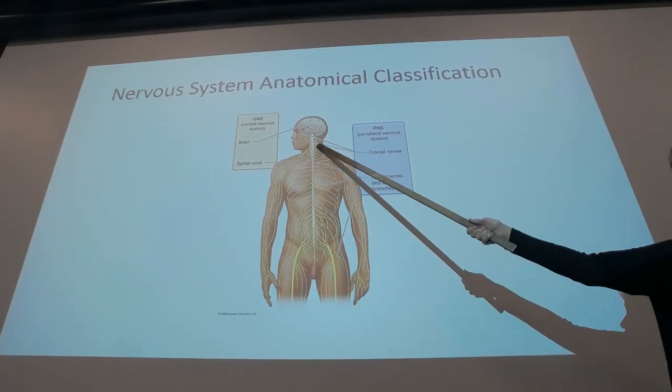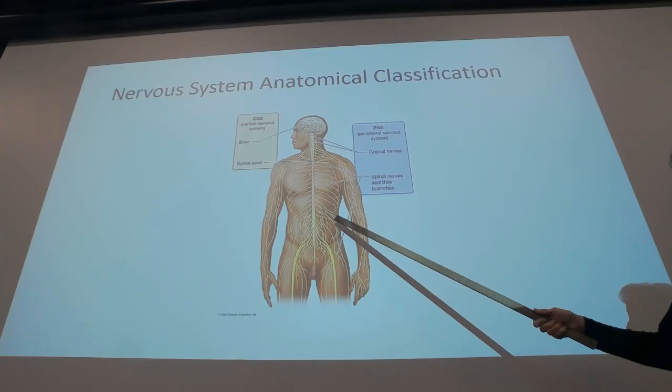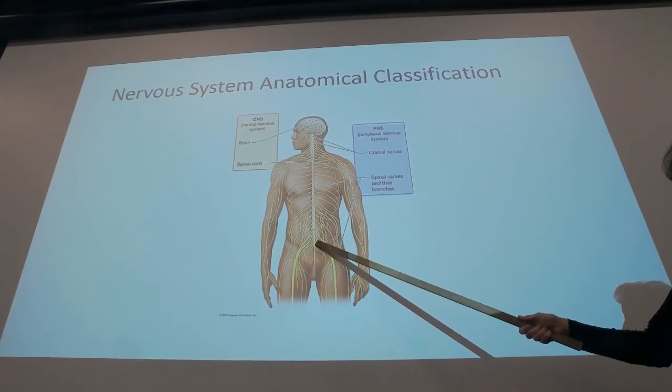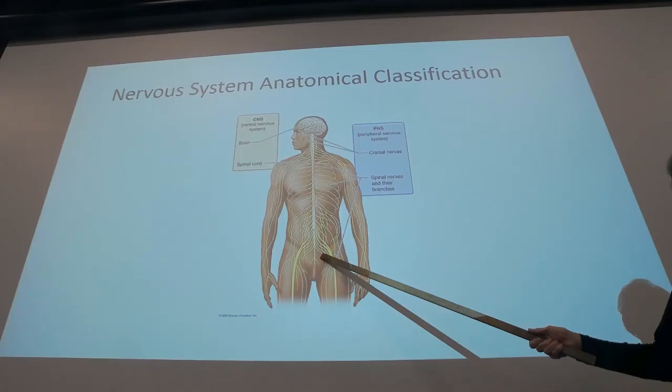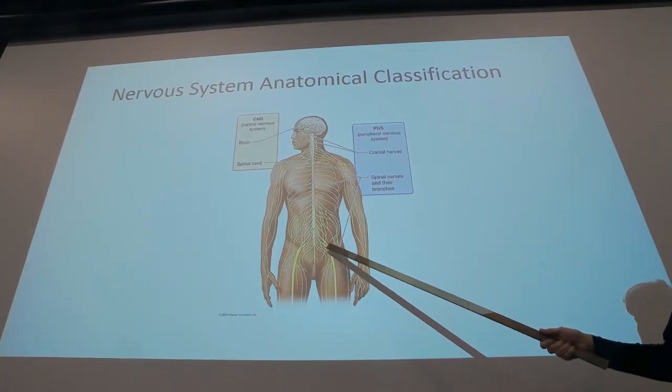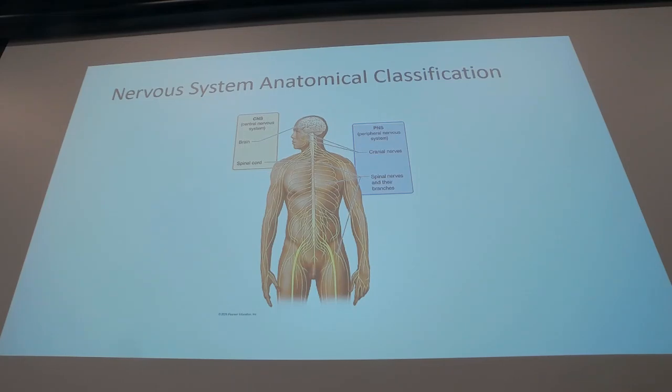So we have a cervical plexus, we have a brachial plexus, which is this, and then we have a lumbar plexus, which is this, and a sacral plexus, that these two together form that lumbosacral plexus. And they control specific areas of the body, like the cervical, the neck, the brachial, the arm and the upper limb.